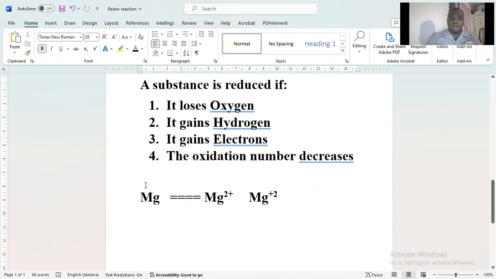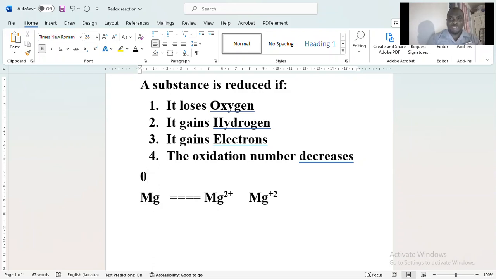Now, later on, we're going to be looking at the rules, but we can talk about it here. Remember, I just said the magnesium atom has 12 electrons and 12 protons. So those positive and negative charges cancel out each other. And so the oxidation state of the magnesium atom is technically zero.